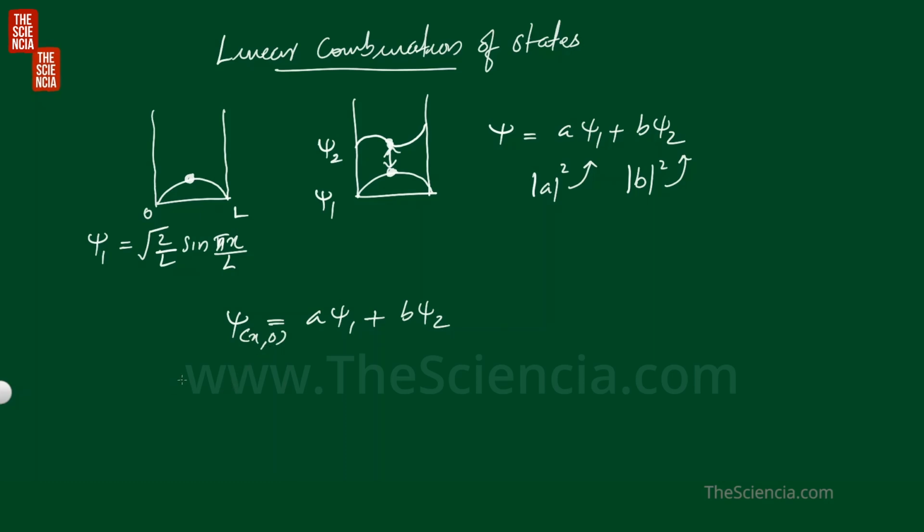Now I want to find out this conjugate, that is psi star x0, that will be equal to A star psi 1 star plus B star psi 2 star. Now we want to find out the density, that is rho x0.